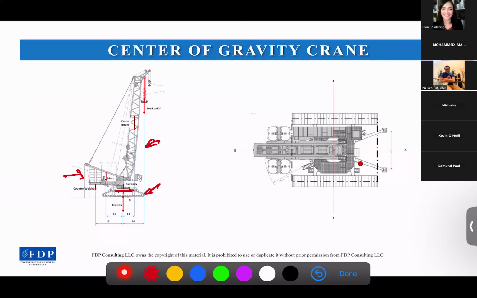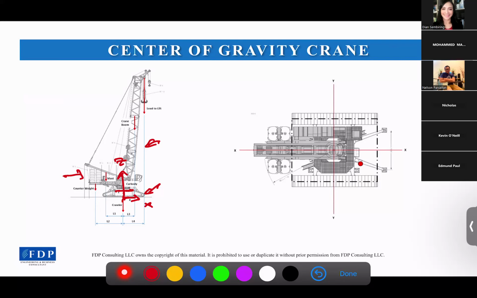I will use the center slew bearing, or the center of the turntable, as our origin point here. So this is the X and this is the Z axis. From that, we can measure the distance from each component COG to the origin point.